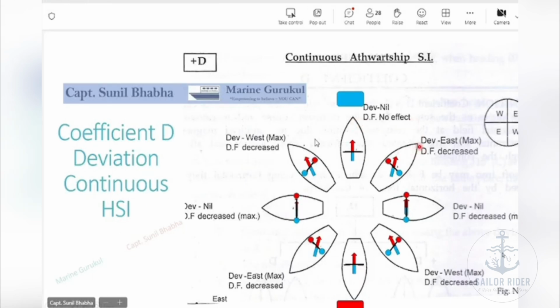Whereas on northeasterly, easterly and southeasterly headings, the directive force is decreased. So why is this decreased? This is decreased because the blue end of the beam is aligned south of the compass needle, where we have the red end of the earth. Since the pole of the beam is opposite in direction or opposite in polarity to the pole of the earth, it reduces the directive force.